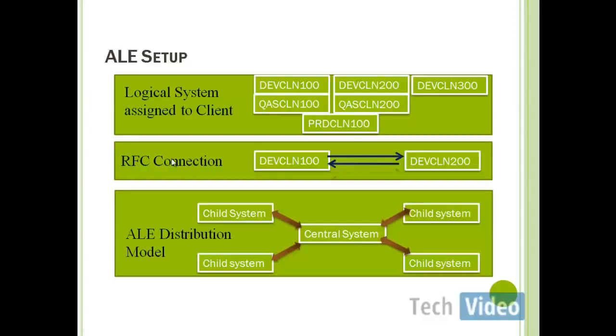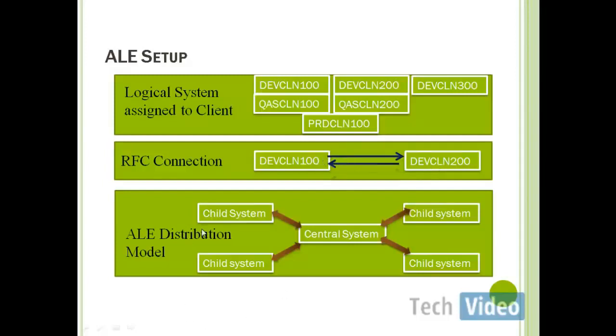The RFC connection is created using the transaction code SM59, and we will also use the same type of RFC, that is the ABAP RFC. The RFC connection in CUA, you need an RFC connection from the parent system to the child system, that means the central system to the child system, as well as one RFC connection back from the child system to the central system.